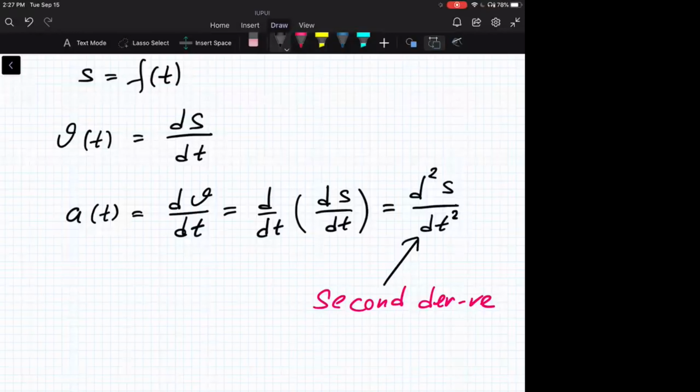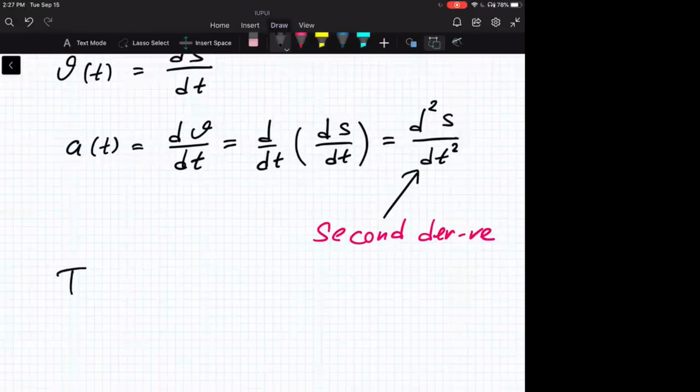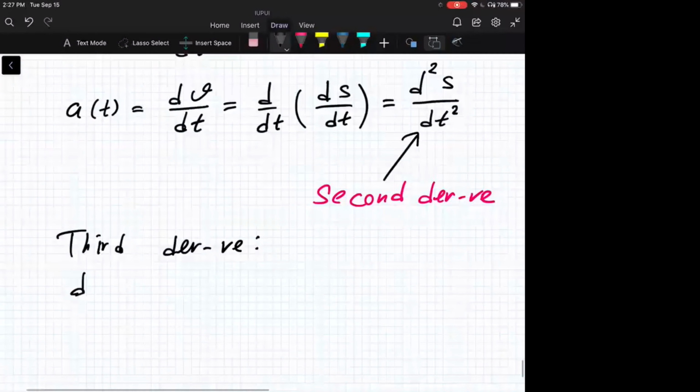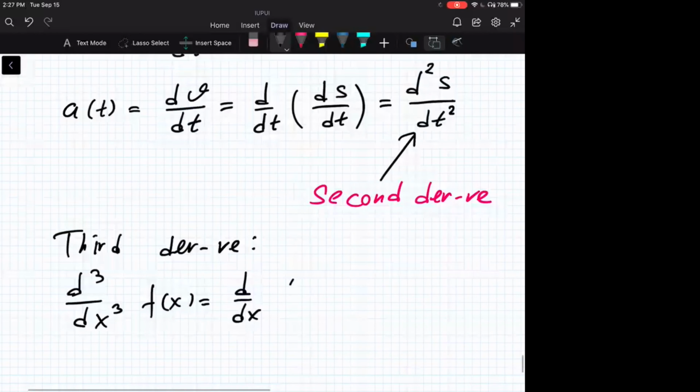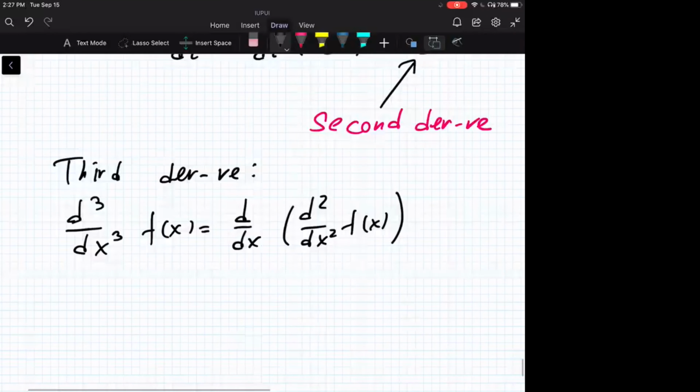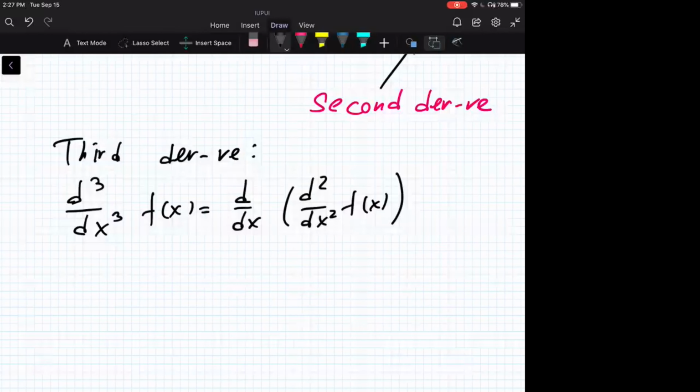But also you can consider, say, the third derivative. That is denoted by d to the power 3 over dx cubed of, say, some function of x, which is just the derivative of the second derivative of my function. And we can define any higher derivative by the induction formula.